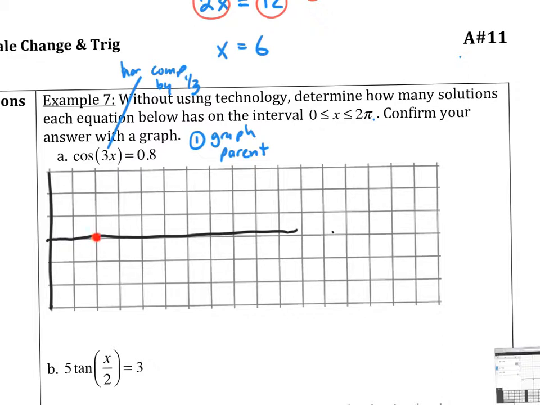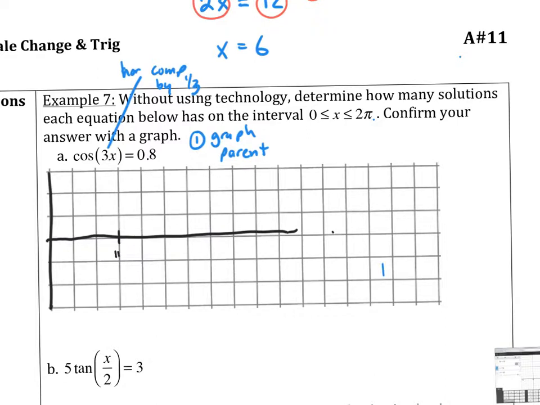Same thing here. If I place my pi over 2 here, then it's going to be somewhere over here in my vague territory. So pi over 2 being squashed from here actually brings me to a nice place there. That helps me make my decision about where pi over 2 will be.